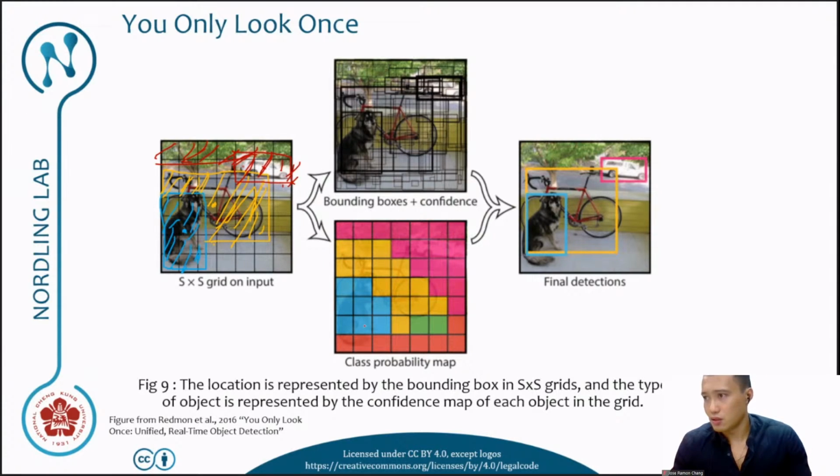And so each of these grid cells is going to give you a prediction for a bounding box, and that's why you can see on this top image there are a lot of bounding boxes. Now, not all of these bounding boxes are correct, right? Not all of them actually contain the object.